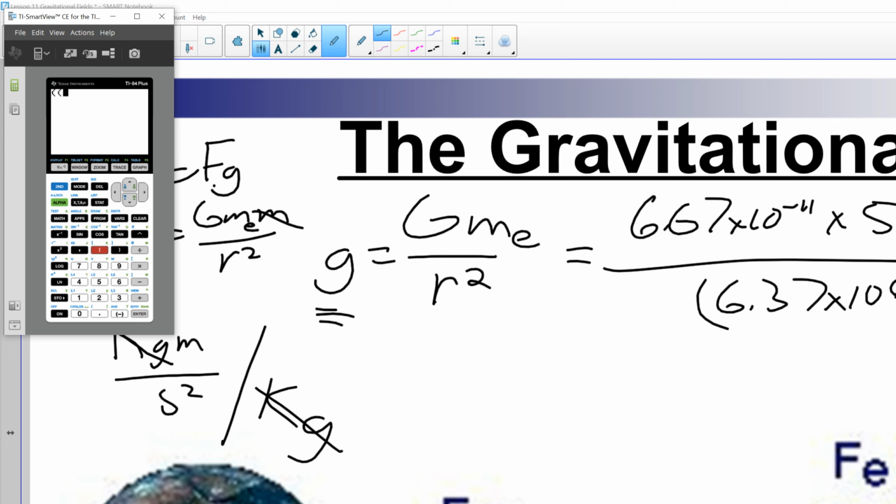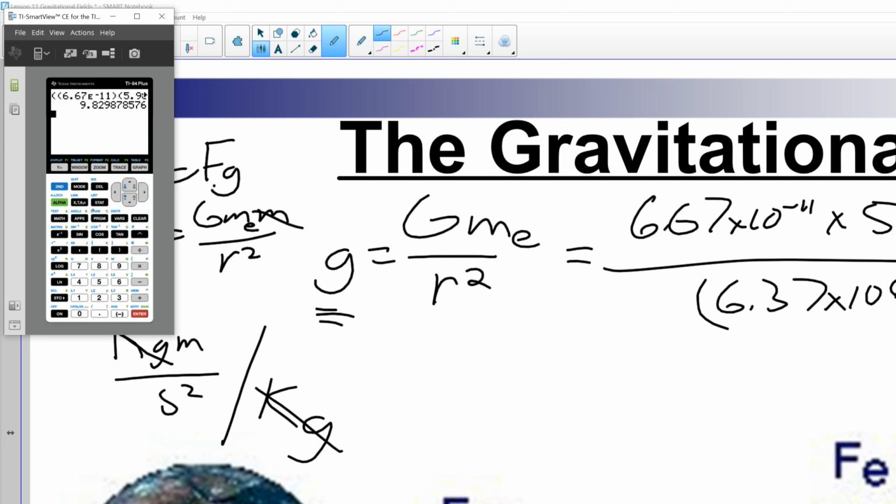So it doesn't come out to 9.81, does it? It comes out to 9.83.